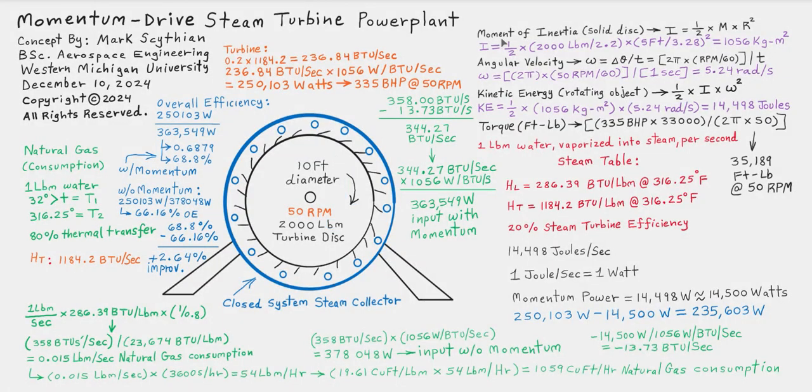Then the moment of inertia of a solid disc, so that's a different equation versus a solid sphere or a hollow sphere, etc. So you have to find the one that's pertinent to a solid disc. And then the kinetic energy of a rotating object, because we know kinetic energy of a linear object that's in motion, but this is a rotating object, so we have this formula here. So we get these 3 formulas, and now we go do some data mining and conversion.